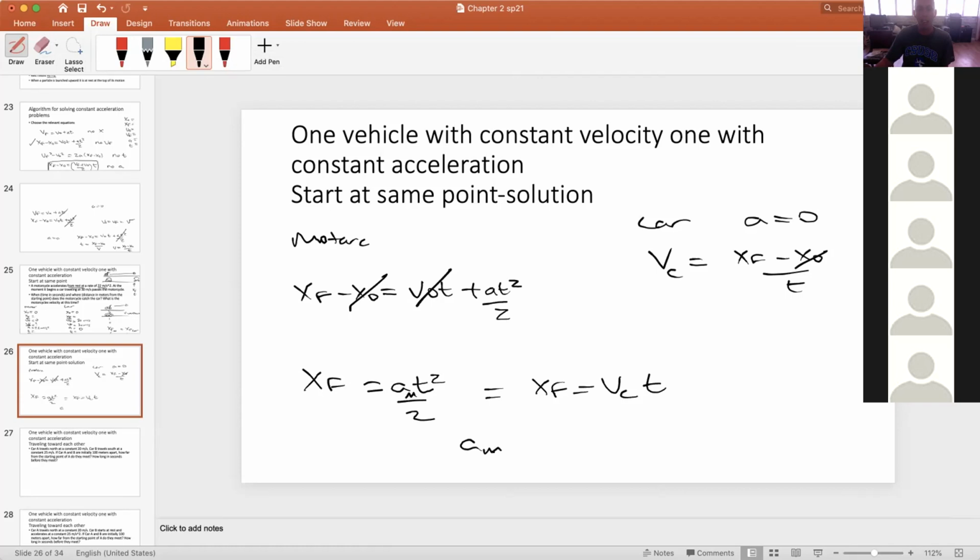And so I get A of the motorcycle divided by 2 times T squared is V of the car, the constant velocity, times T. Solving this for T, multiply by 2 over A, divide by T, and these terms cancel, these terms cancel. So I get T is equal to VC times 2 over A.